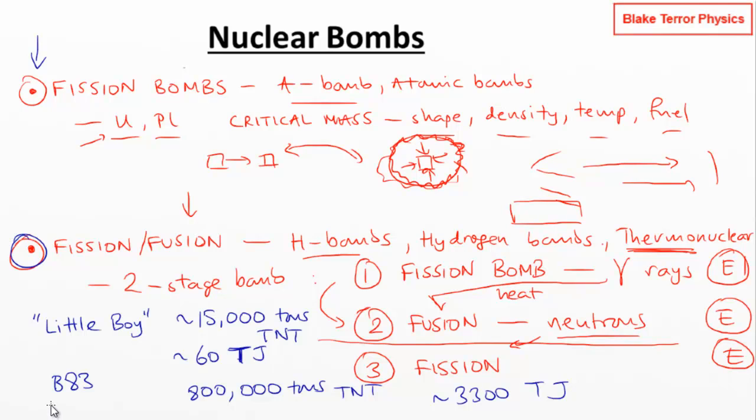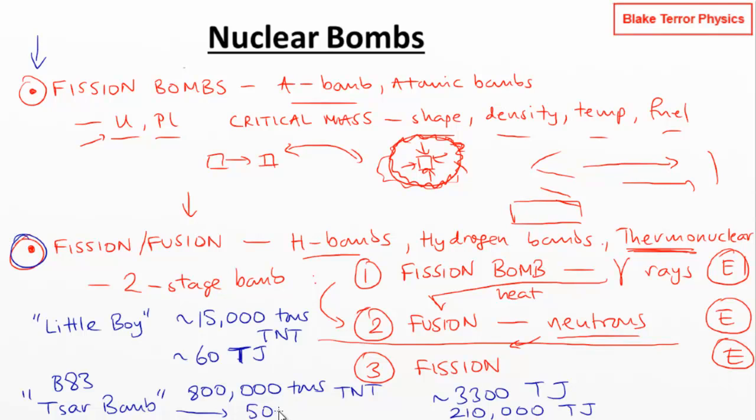The largest nuclear bomb that's ever been tested, the infamous Tsar Bomba that was tested by the Soviet Union. That is just obscene. So this is now getting up to 210,000 terajoules. So it's just beyond comprehension how much energy would come out of that.